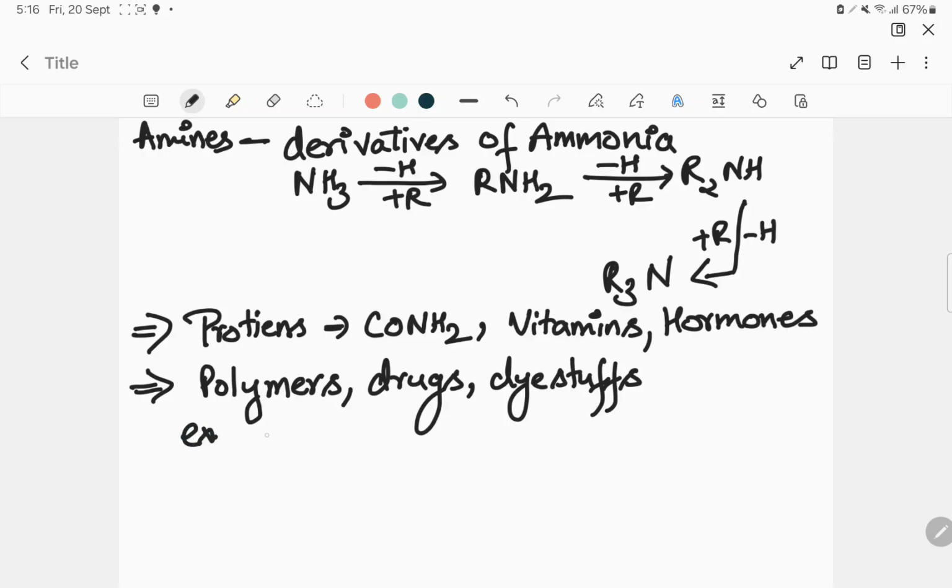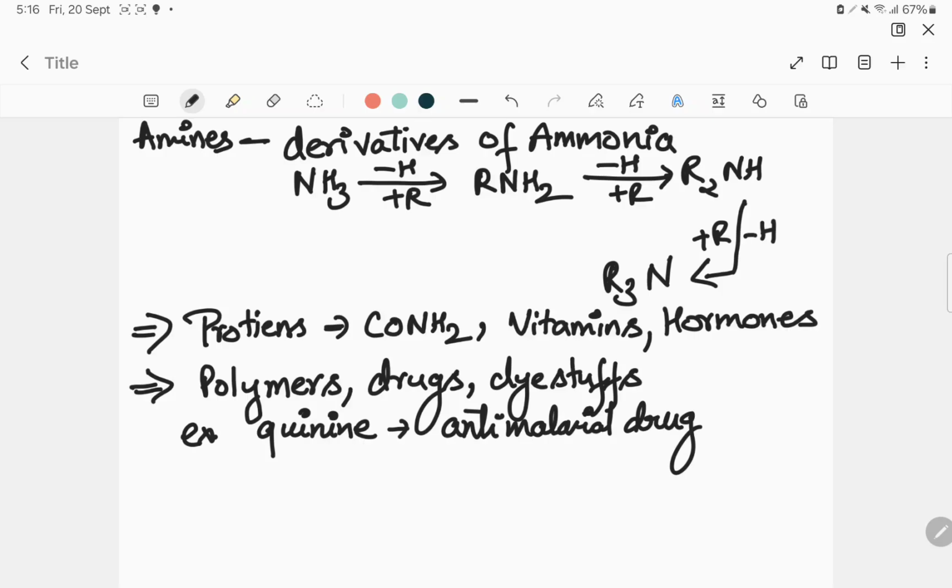For example, it is present in quinine, an anti-malarial drug which is used for the cure of malaria.